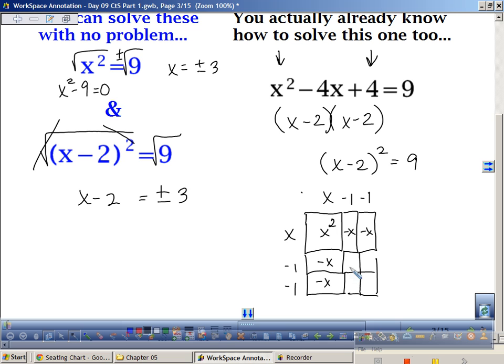What would each one of these be? Okay, thank you, Brianna. Negative 1 times negative 1 is positive 1. So you'd have 4 positives in there, all equals 9. We're going to create these right now.